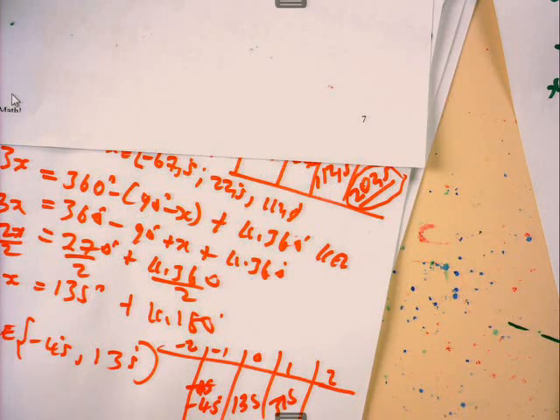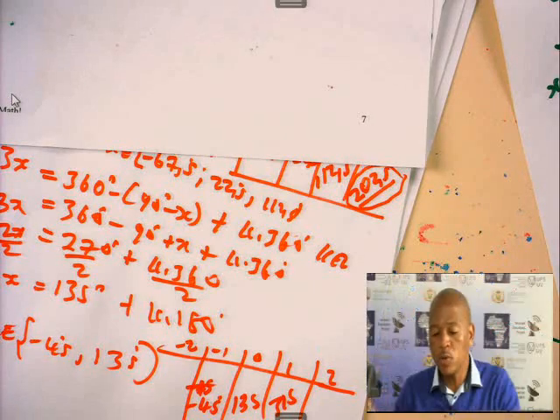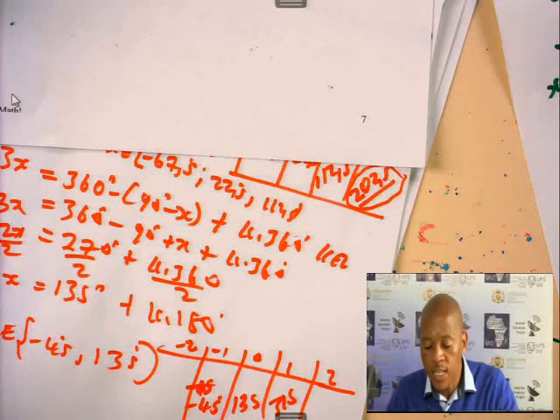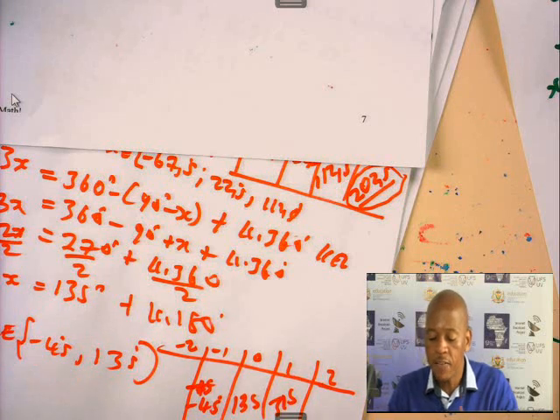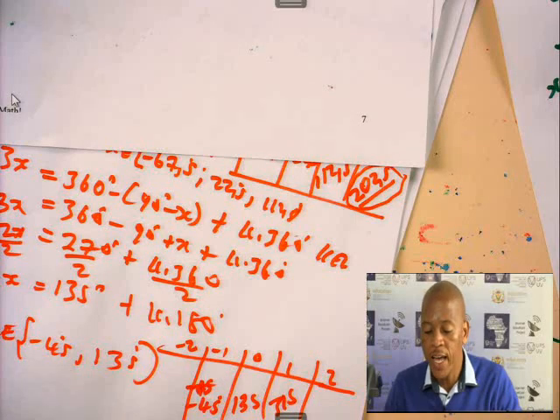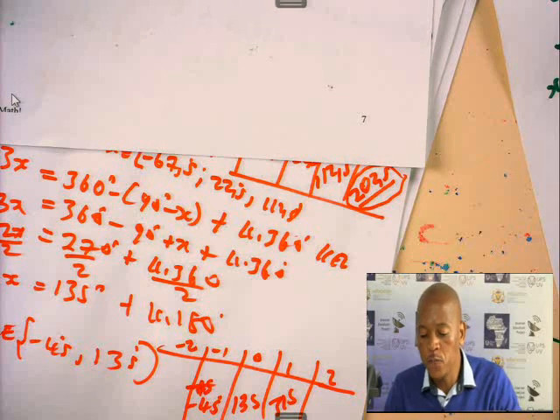Boys and girls, trig equations as well as trig functions are very, very important, especially when you solve for x or for theta. But this type of equation under functions, you only get when they say f of x is equal to g of x, or when the question says where f intersects with g.